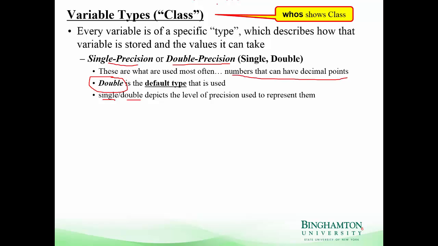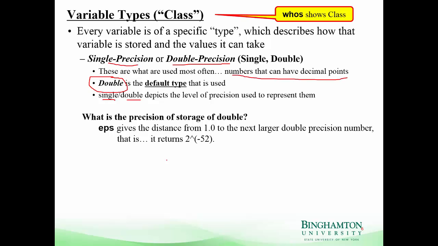And as we already saw, when we run the whos command, it lists what the class is. So what is the precision that numbers are stored with? Well, we can get an idea of the precision of the storage of double if we just type EPS at the command line. That's going to give us the distance from 1 to the next larger double precision number.